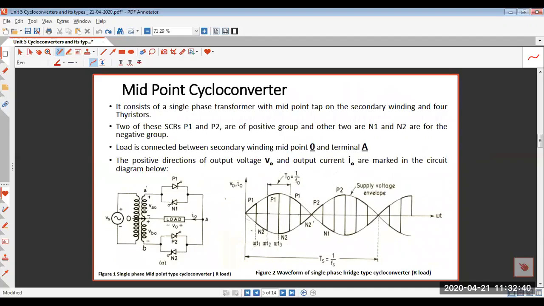So let us say for the positive half cycle, A will be positive and B will be negative, where A and B are the two ends of the center tapped transformer's secondary.